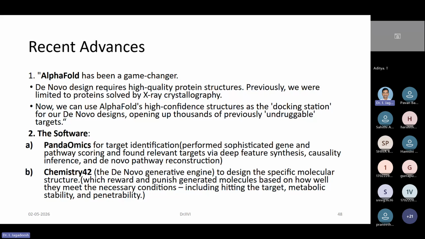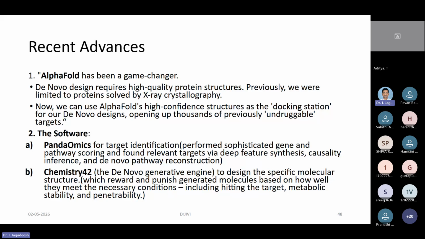In this particular CAD area, the recent advancement that can be used for academics or your examinations is AlphaFold. It is really a game changer. De novo design requires high quality protein structures. Previously we only got structures by crystallography.